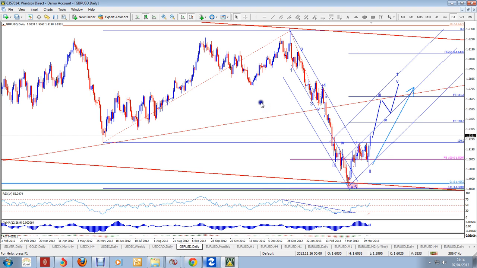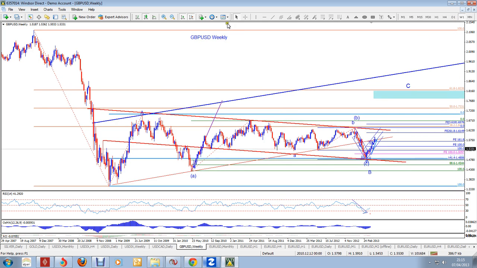And the common relationship is that if you take the length of 1, 2 and 3 and apply it from wave 4, in this particular case it is 127%, but sometimes you get 100%.